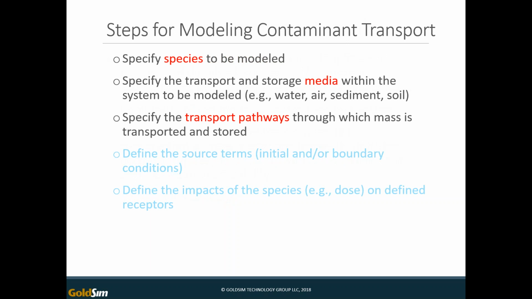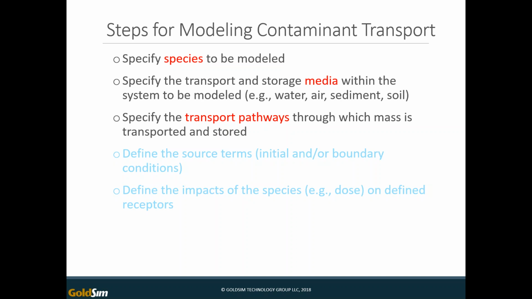So the way you build a contaminant transport simulation in GoldSim is you walk through these steps. You define what species you want to model. You then define some transport and storage media. So this would be things like water, sediment, soil, rock. These are the media in which contaminants are stored and/or transported.